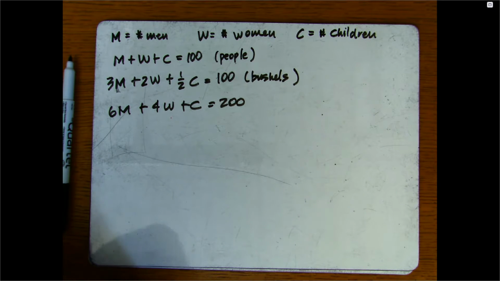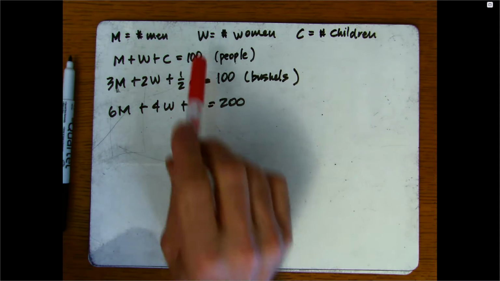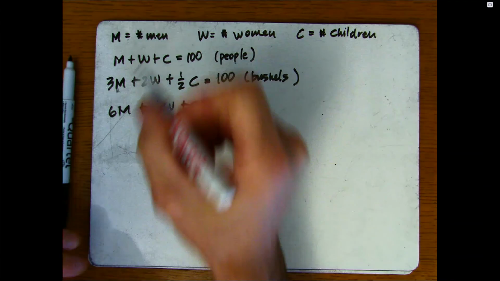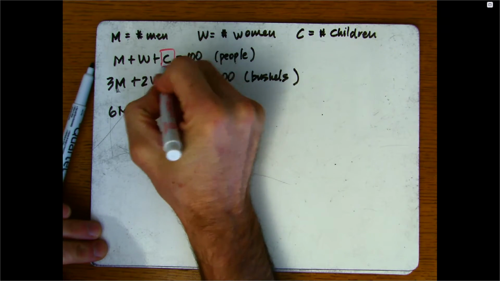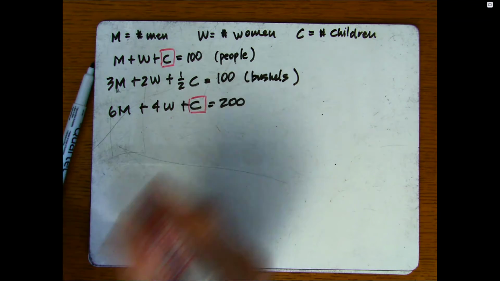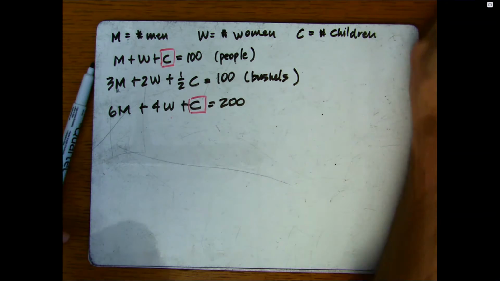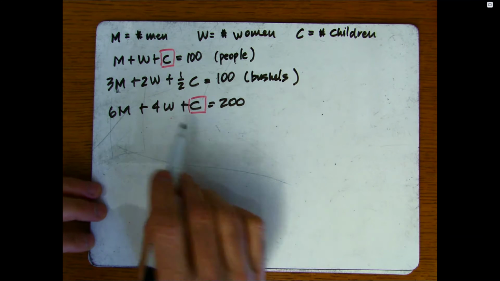So one way we could attack this is to solve for C in this equation and plug it in for C down here to eliminate one of the 3 variables. So I'll do that now.